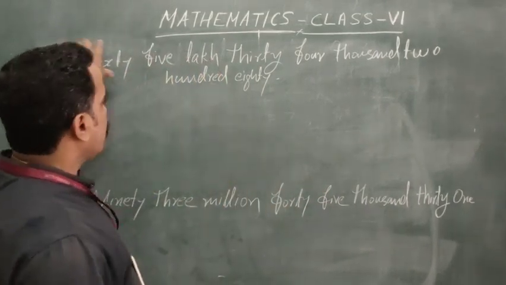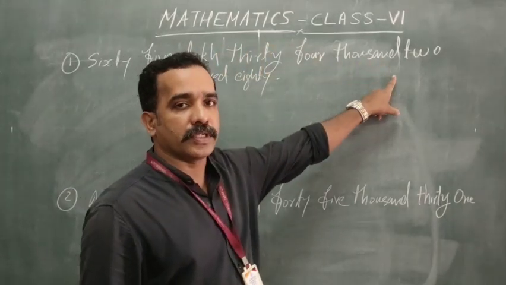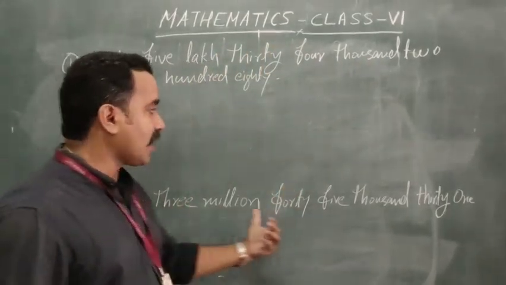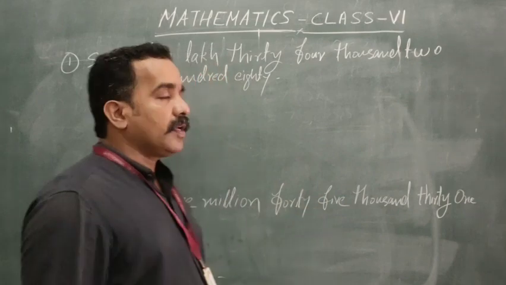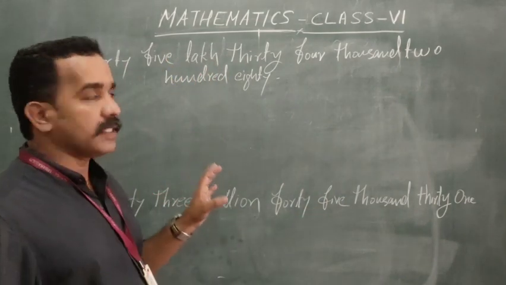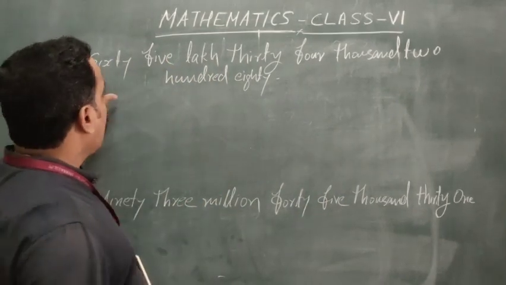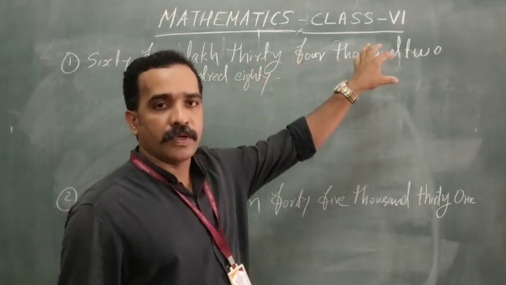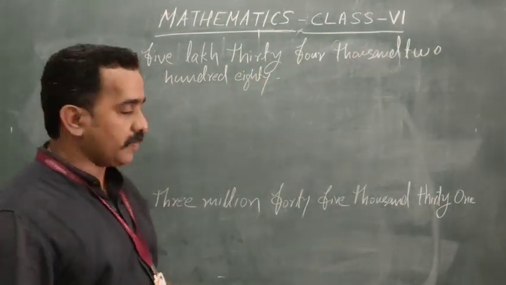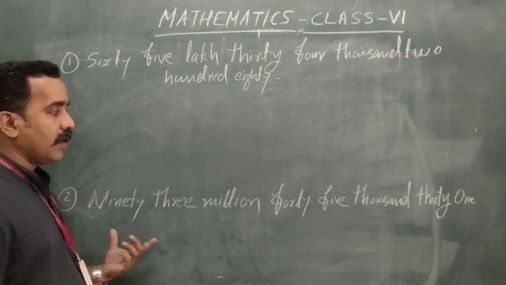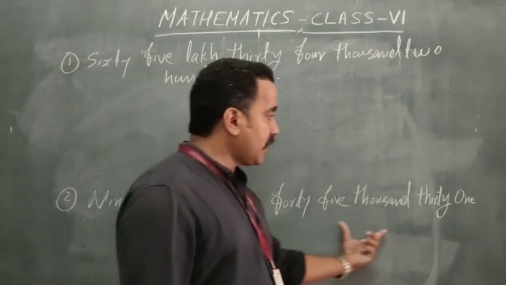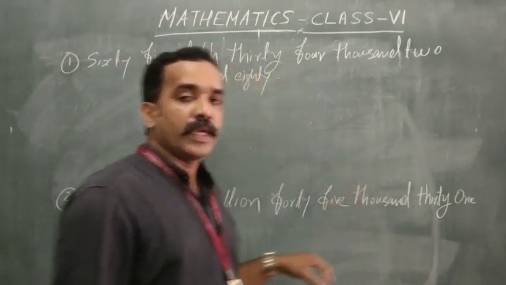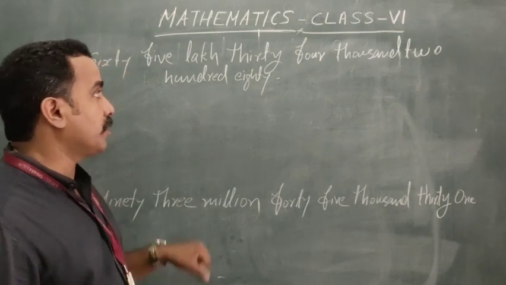The first one is using the Indian place value system, the second one using the international place value system. Now the question is, write the first number name using the international place value system, and write the second one using the Indian place value system.